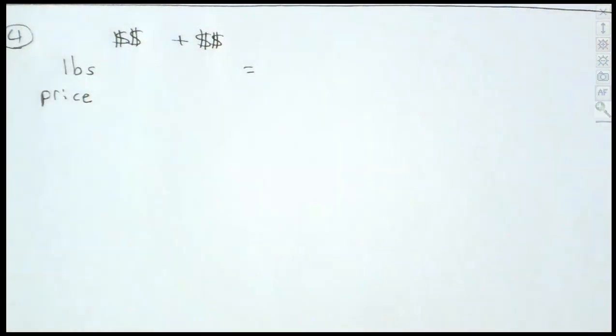So let's see what we've got here. We've got 2 types of coffee. We've got the number of pounds of that coffee, and then we've got the price of that coffee. So when we read it, it says a merchant has coffee worth $30 a pound.